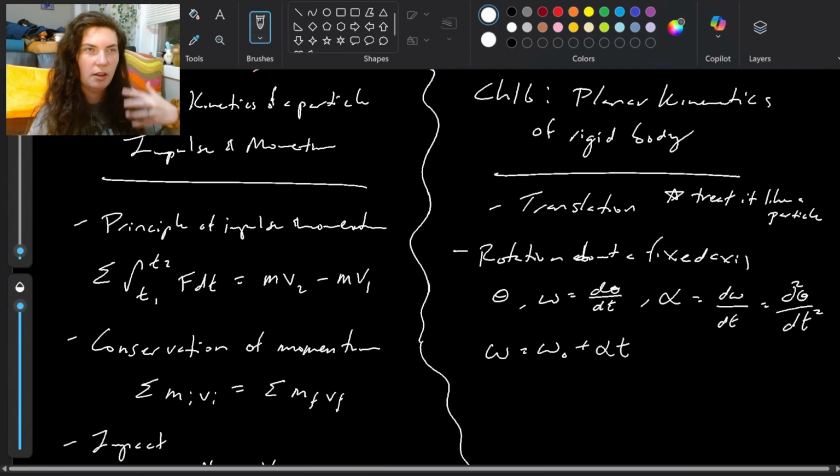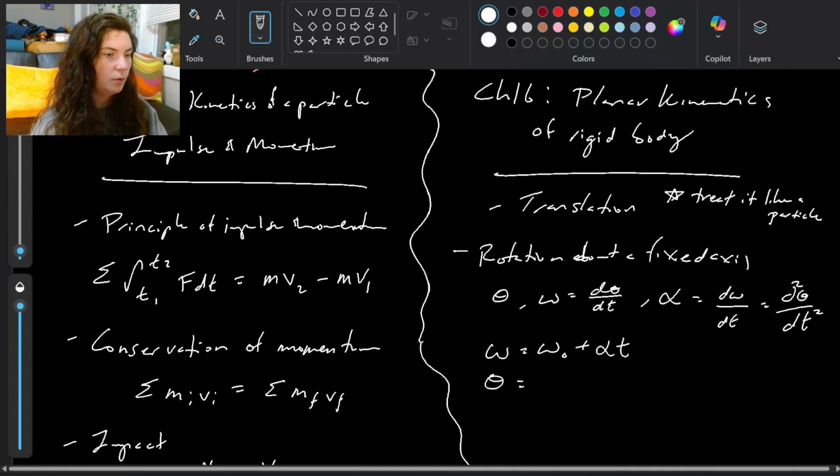Just exploring all of those relationships of rotation about a fixed axis, translating the position, velocity, acceleration relationships that we had seen for particles to rigid bodies, to this angular form.